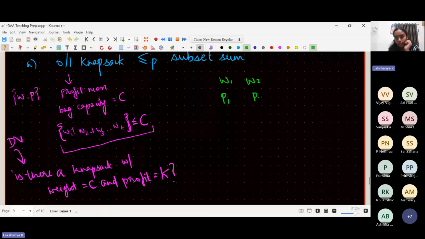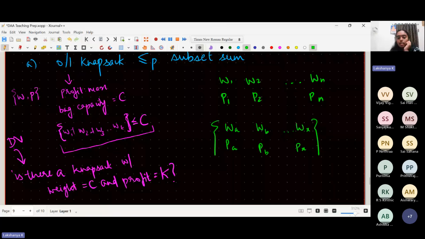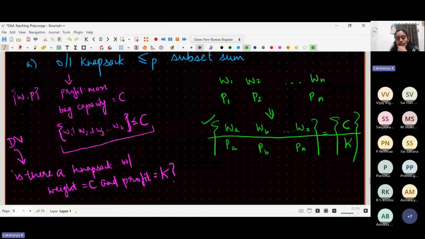From this, I am going to choose some weight A, profit A, weight B, profit B, and so on up to weight X, profit X. I'm going to choose some subset such that the sum of the weights is going to be C and the sum of the profits is going to be K. So this is one subset sum, and this is another subset sum. If both of these give me a yes, then the answer to this is going to be a yes. Otherwise, it's going to be no.